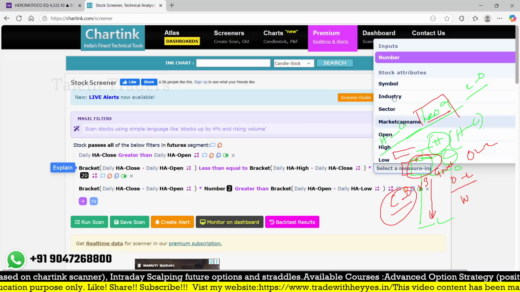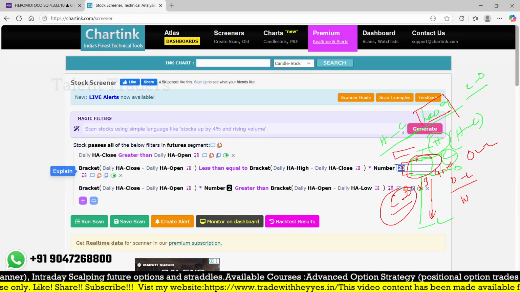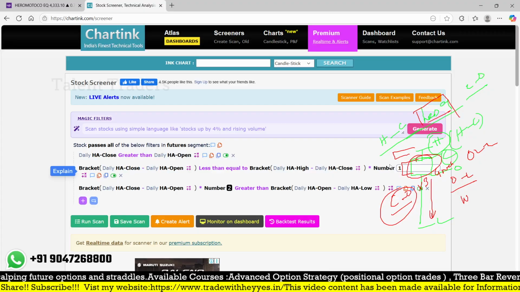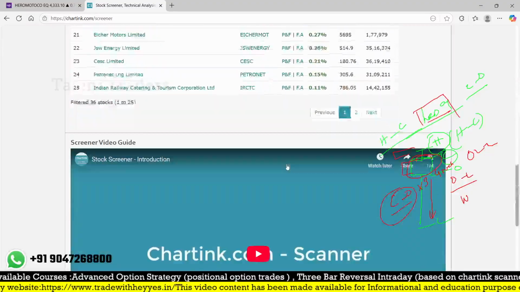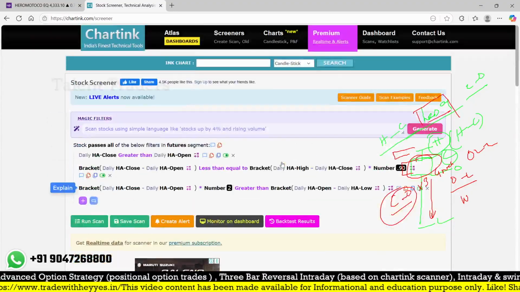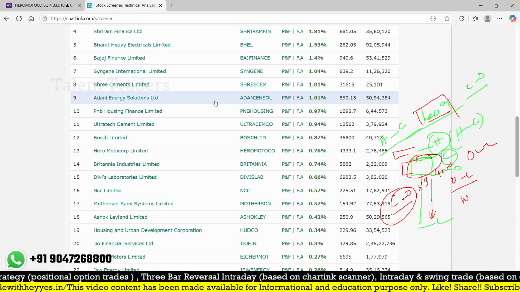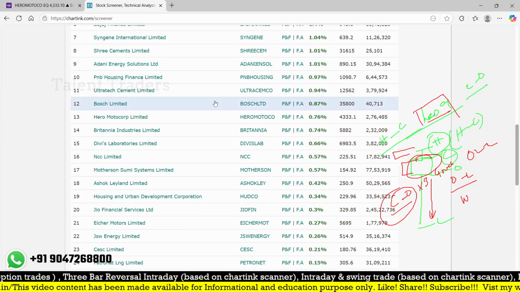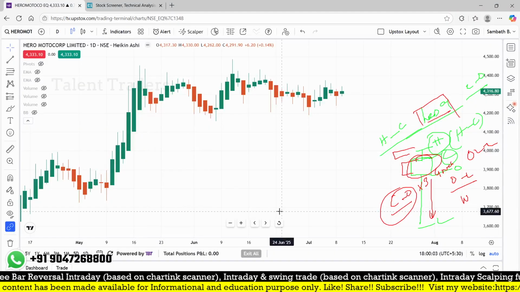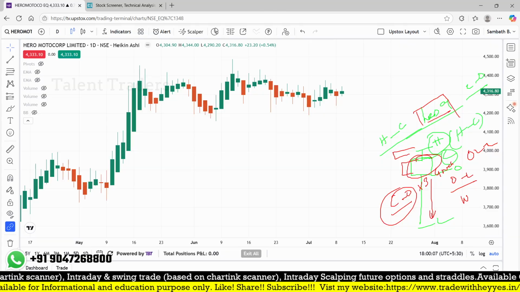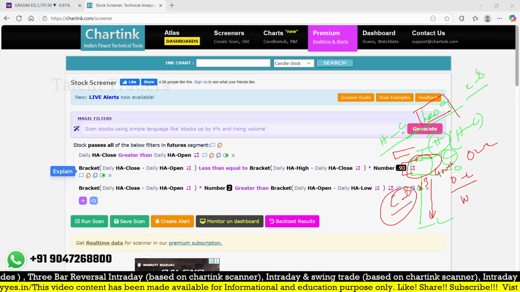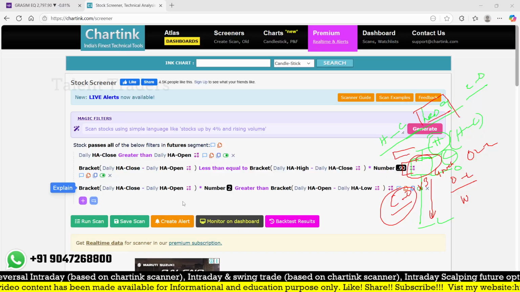We'll add some number, 1, 0.9. We got 36 stocks. Same Hero MotoCorp is there. So let me try to recreate this, and some issue is there.